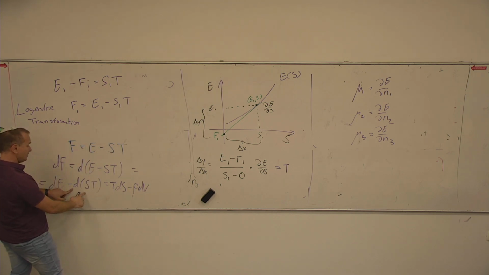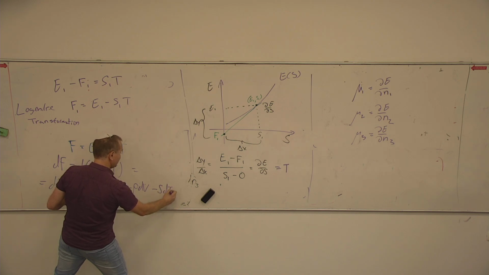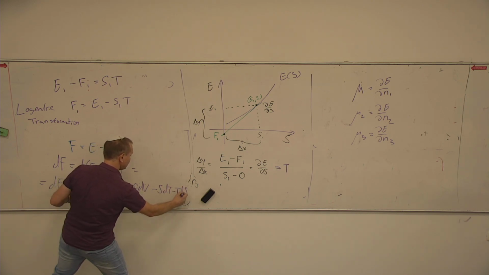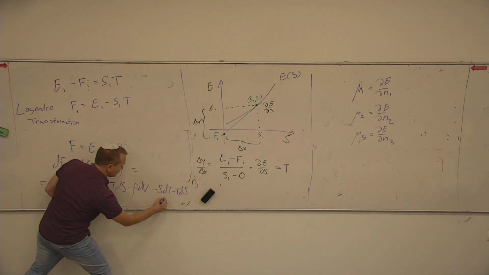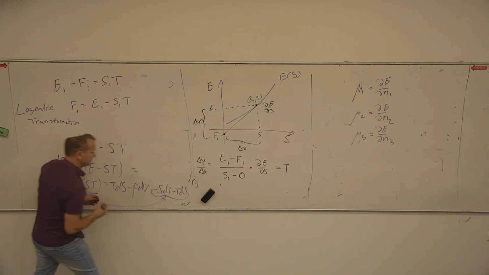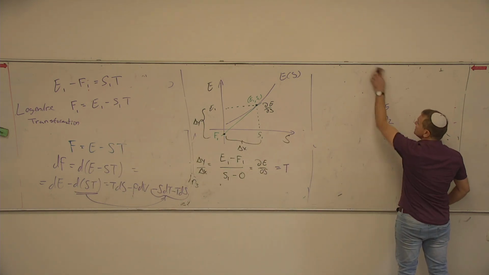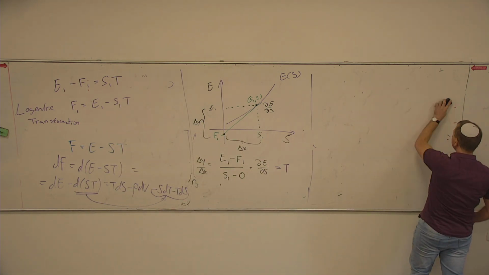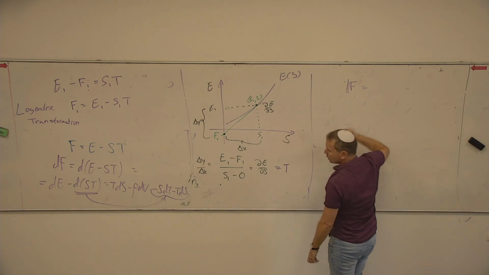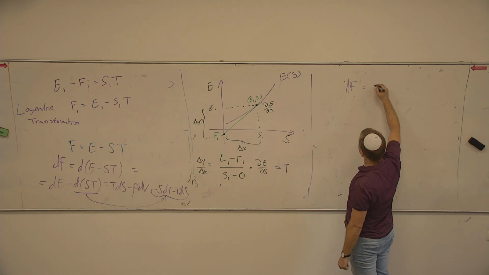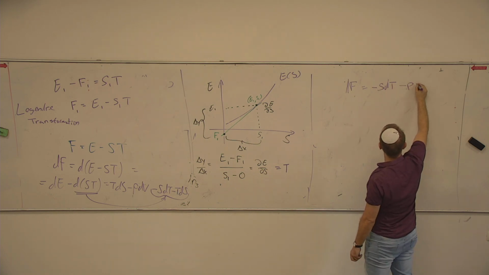And here I have minus S dT minus T dS. Okay. So TdS cancels out, and we obtain that dF equals minus S dT minus P dV.